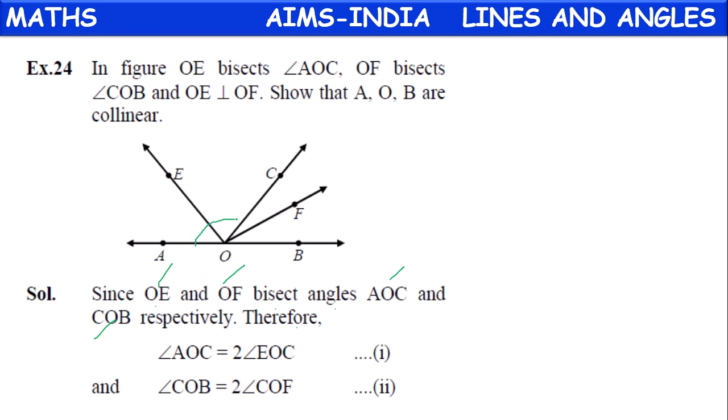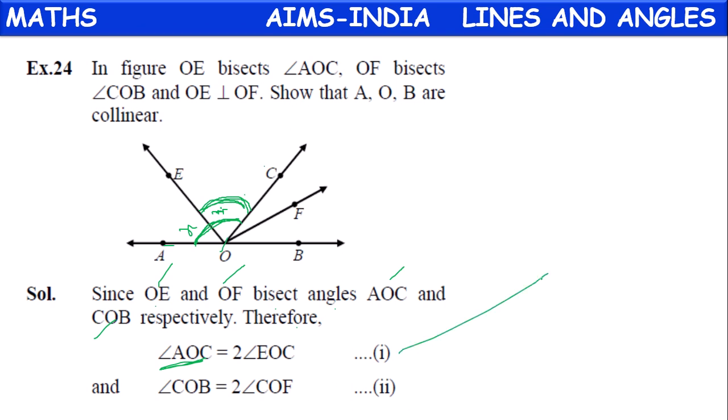This AOC value will be two parts of EOC, because this part is x and this part is x, so the total becomes 2x. So AOC equals 2 times EOC.